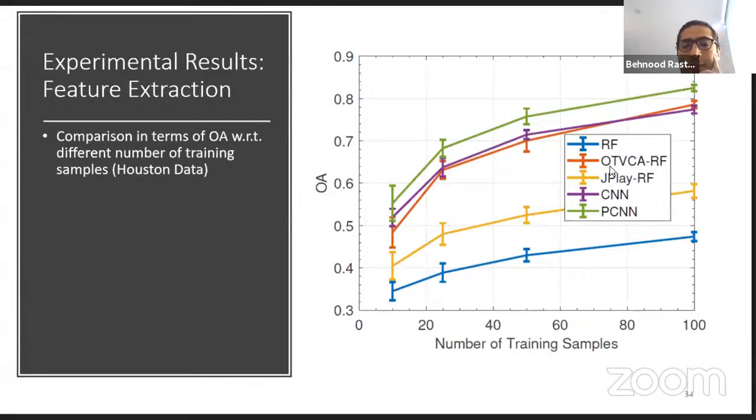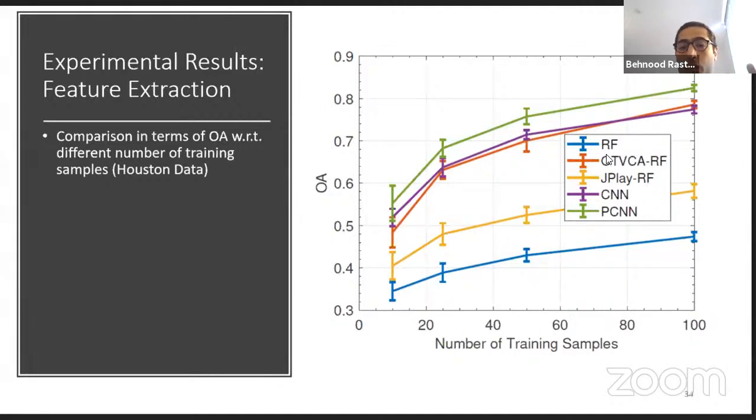OTBCA, as we already said, is an unsupervised technique, and then you need to apply a supervised classifier for the classification purpose, and we use random forest. JPL is a supervised technique, a kind of advanced joint learning technique, and again we apply random forest for classification.